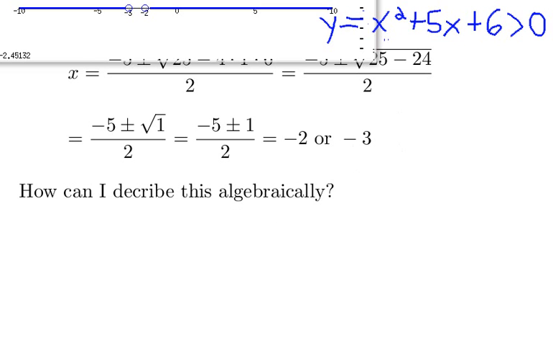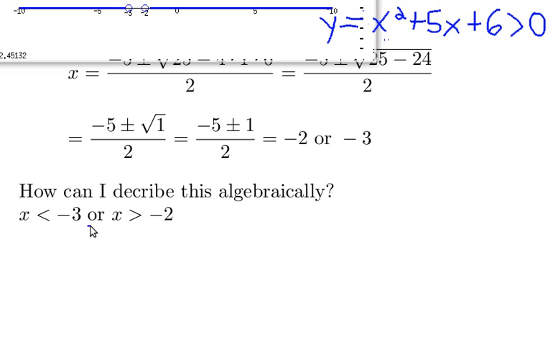It's strange to think of that as an adjective. I can describe it algebraically by saying we want x is less than negative 3, but we also want to include the places where x is greater than negative 2. So x is less than negative 3, or x is greater than negative 2.